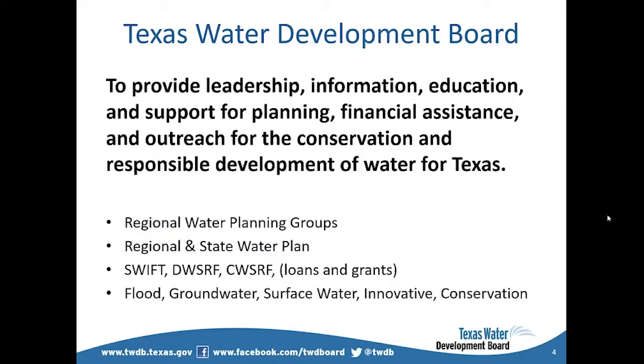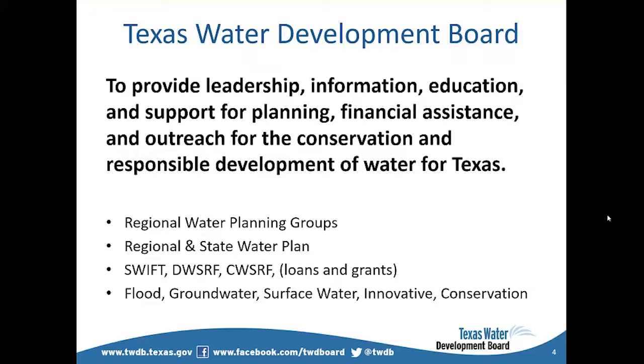There are 16 regional water planning groups. It is a bottom-up approach to water planning in the state. Every 5 years, those regional water planning groups put together a regional water plan, and then the following year, we at the board put together a state water plan combining all 16 of those plans.